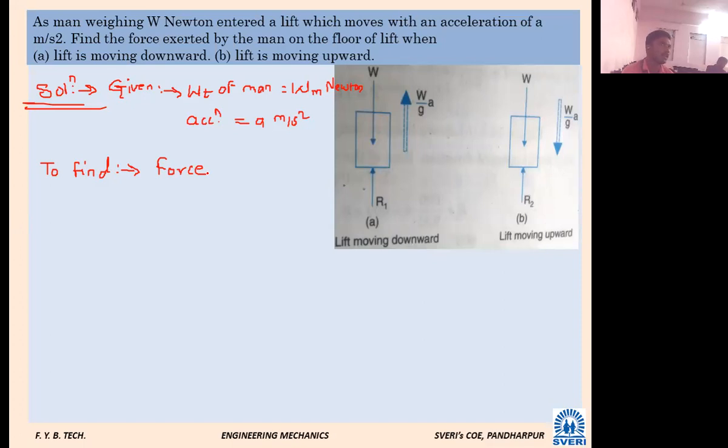So whenever things are related only to Newton, then we can say it falls under kinetics. Okay. I will say here force exerted by man.